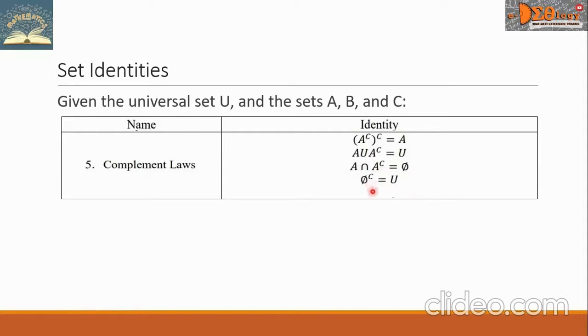The complement of the null set equals the universal set. The complement of the universal set equals the null set.